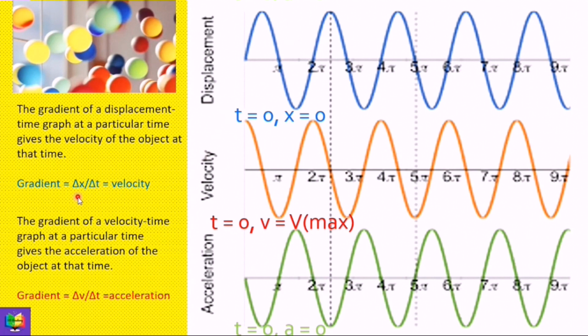The velocity is maximum at t equal to 0. The shape of the curve is the same as for the displacement time graph, and as it is a smooth curve, it shows how the velocity v depends on time t.